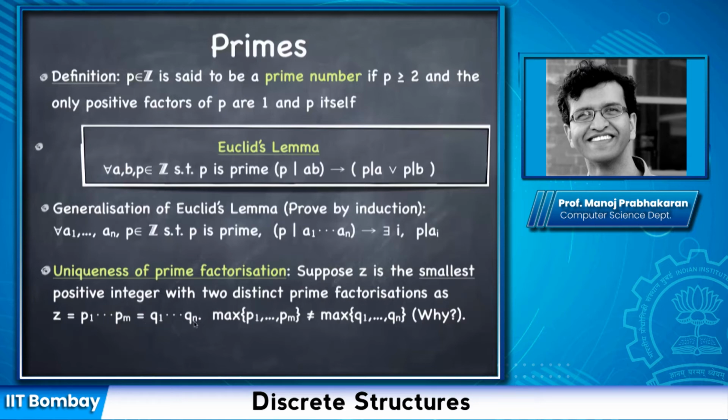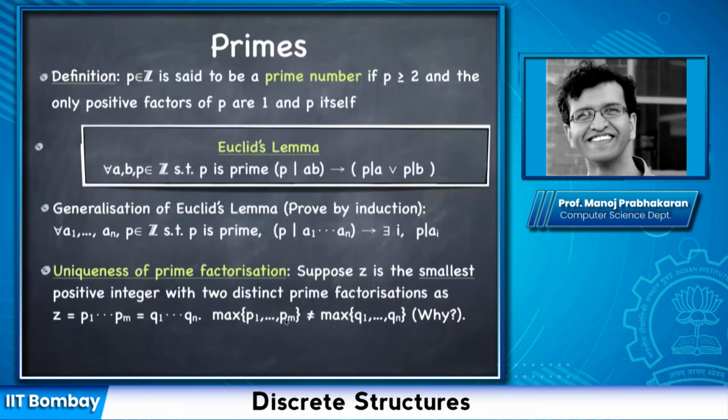So that's that. What does that contradict? That contradicts the assumption that z was the smallest positive integer which had two distinct factorizations. So I cannot have the maximum be equal. So they're distinct, and one of them is larger than the other. Let's say pm, the maximum on the left, is larger than the maximum on the right.